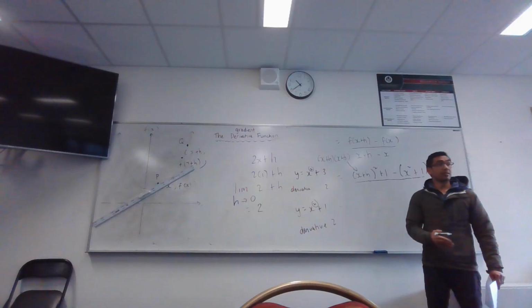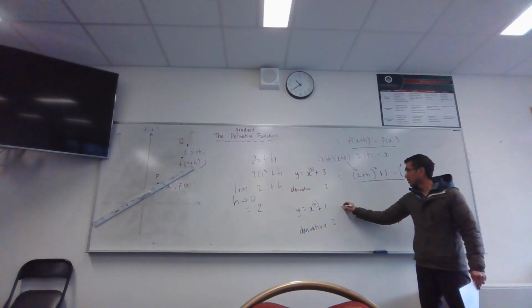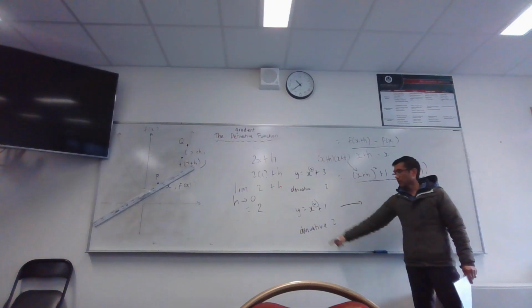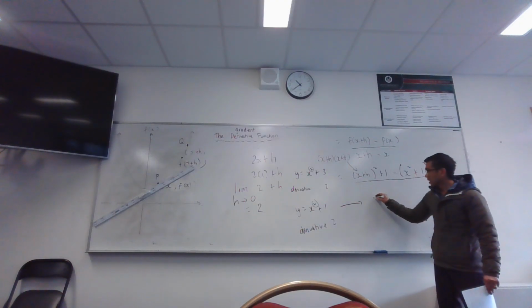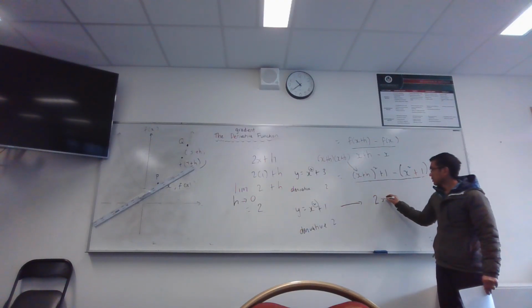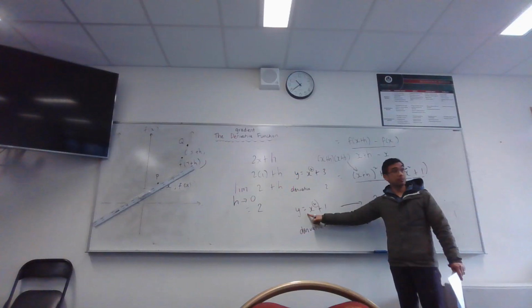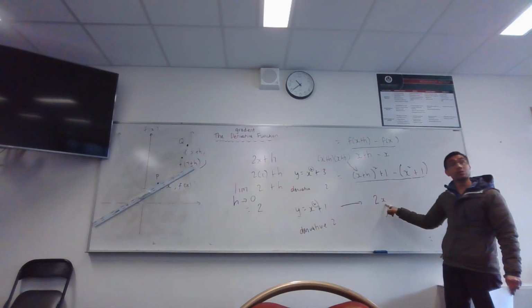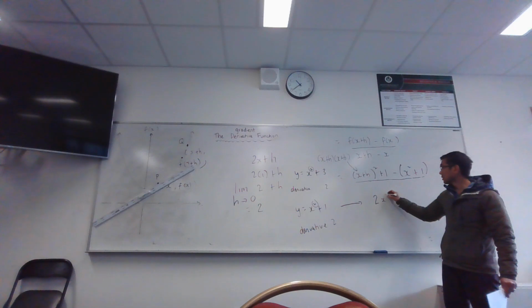This is the shortcut. If you have x squared, the gradient becomes 2x. You drop the power down in front of the x. The new power is simply 1.